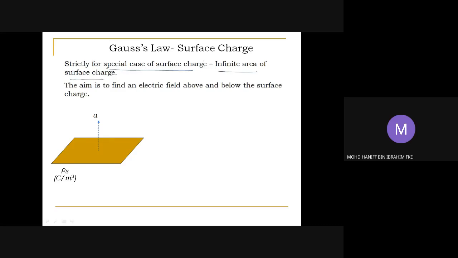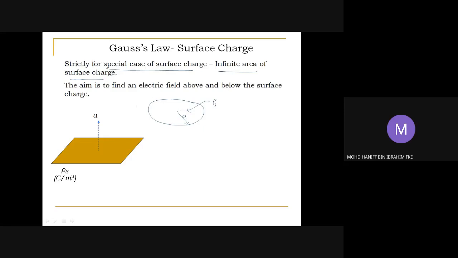If you have a finite area, for instance, what we did in our previous chapter 2, if you have a circular structure having a radius of a, with a rho s charge on this particular surface, this is considered to be a finite area, not infinite.